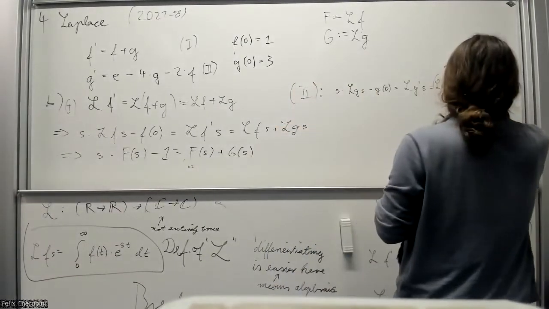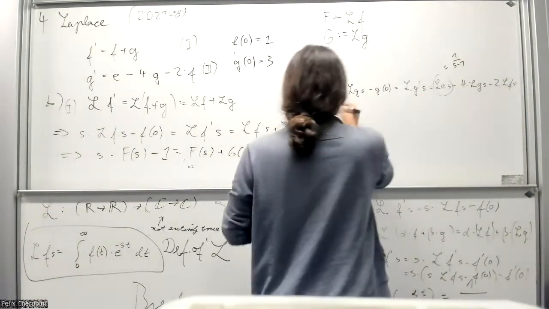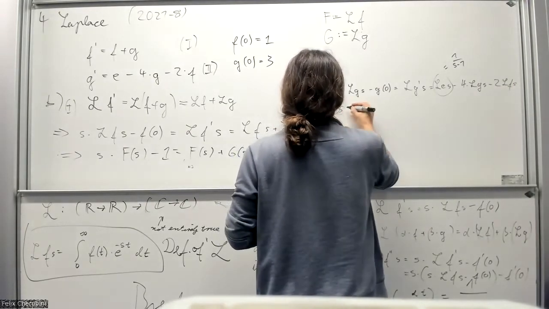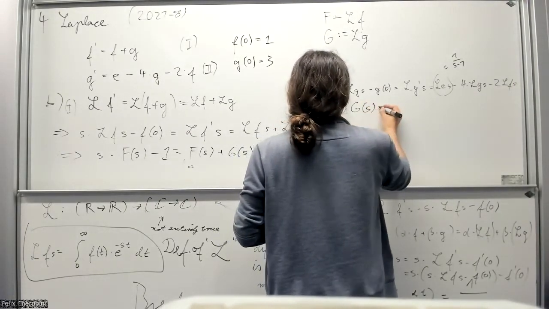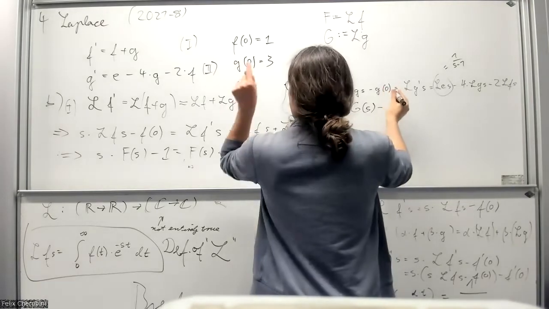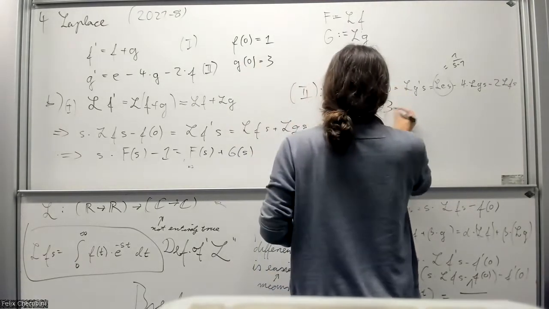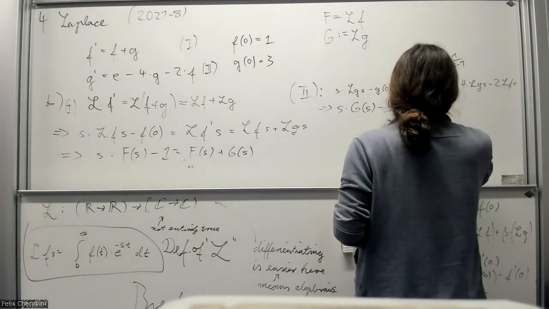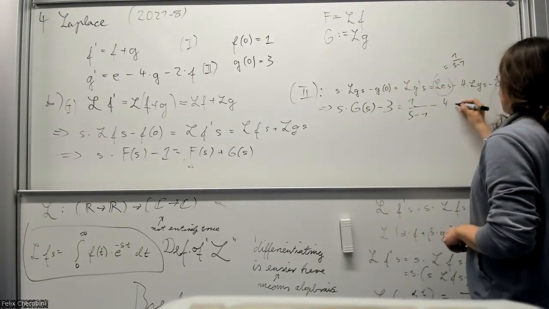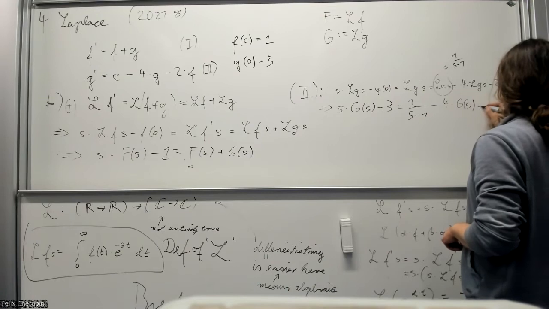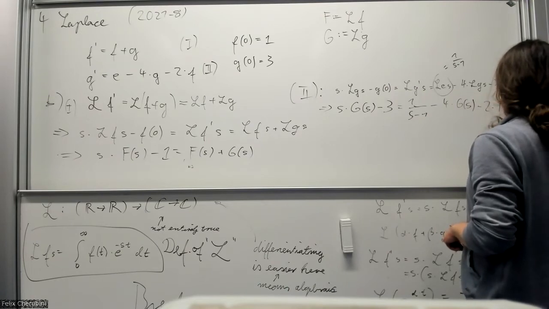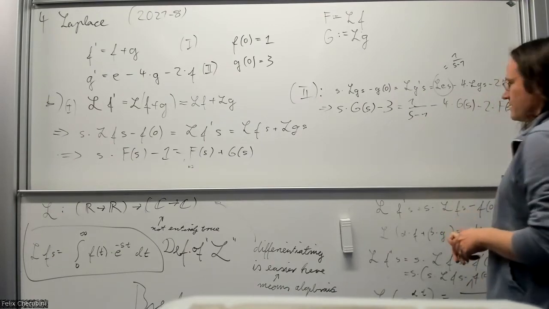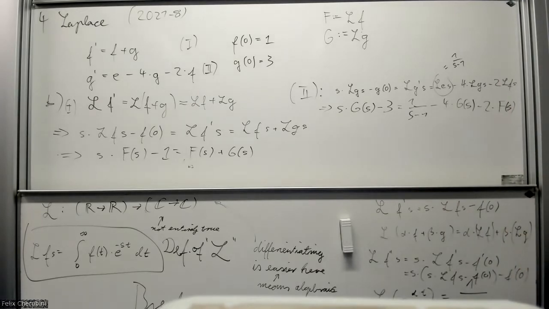Otherwise we just use our abbreviations and write it again. So s times G of s minus this value, and here we have 1 over s minus 1 minus 4 times G of s minus 2 times F of s. Okay, so far?